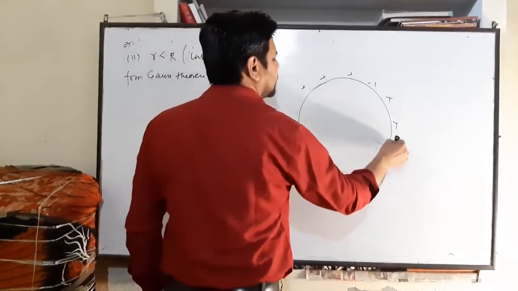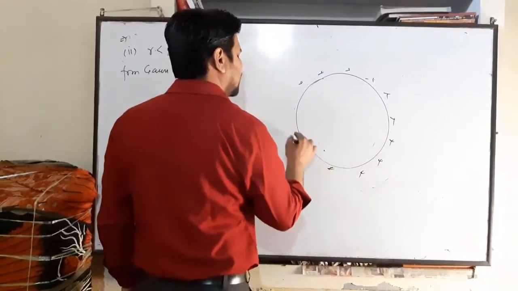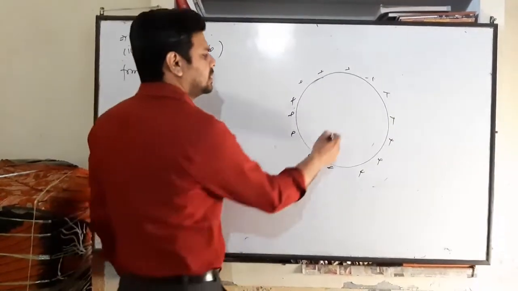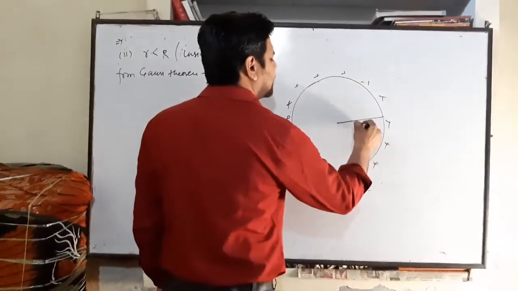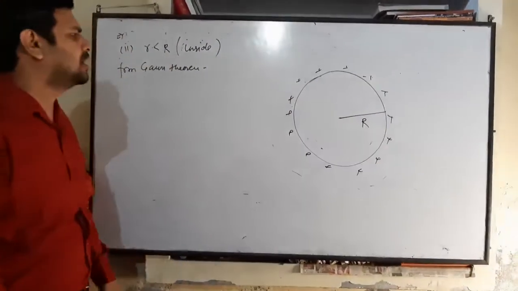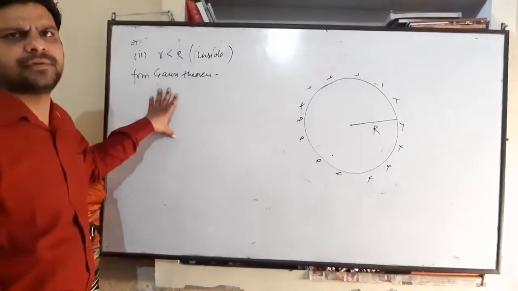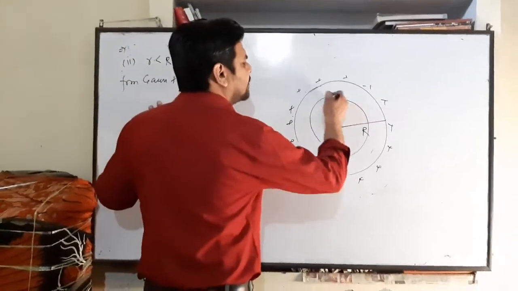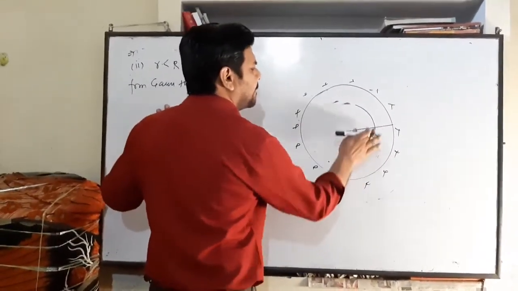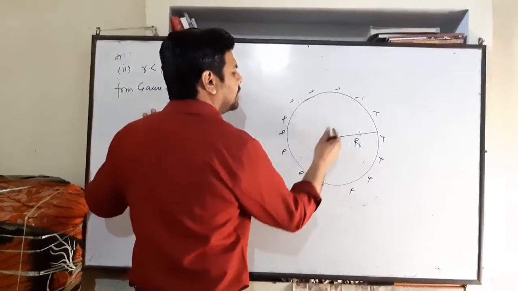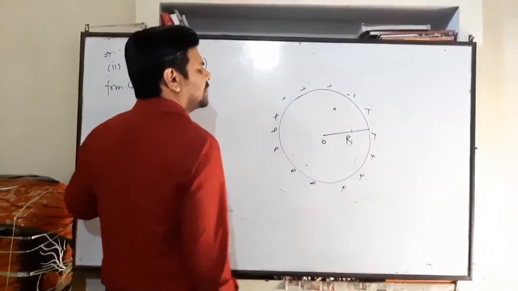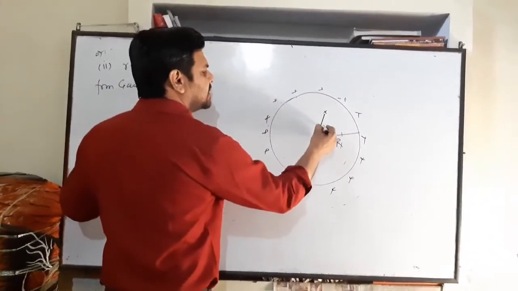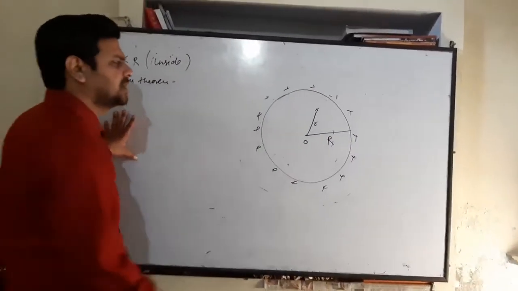This is a spherical shell having plus Q charge uniformly distributed over the surface. This is the center and this is the radius of this shell. Now the observation point at which we have to find the intensity of electric field lies inside the sphere. Consider the observation point is X. Join the observation point to the center of the shell. This is radius r. Same process.